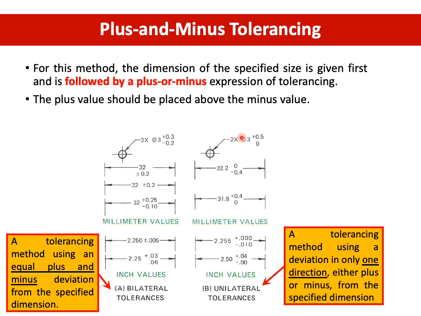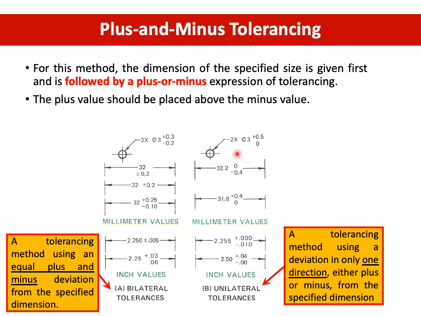There's only one direction here, but you still need to put your 0 at the bottom, which means there's no minus value to the specified size. It only has a tolerance on the plus side, so you have an increment of 0.5.